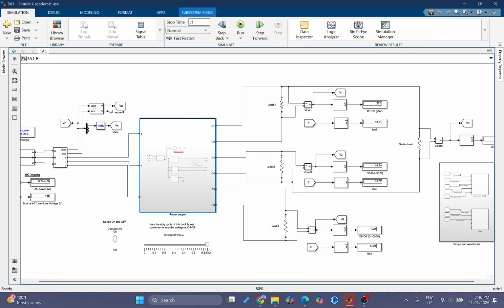The most demanding output, it should provide 0 to 1000 volt DC adjustable output. This requires step down and step up capabilities. So therefore, we have to use a buck boost converter, as it can regulate voltage above or below the DC link level.